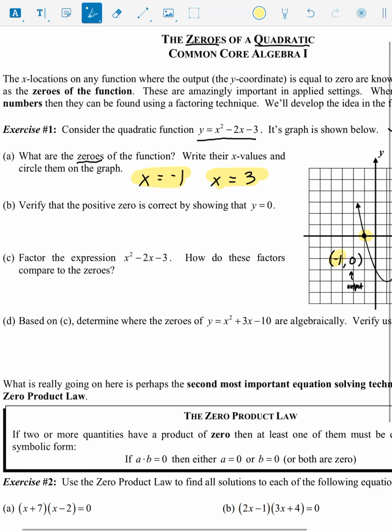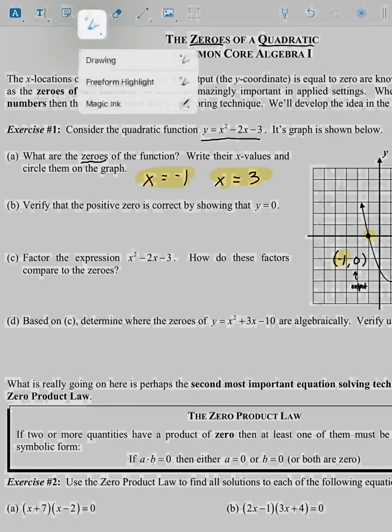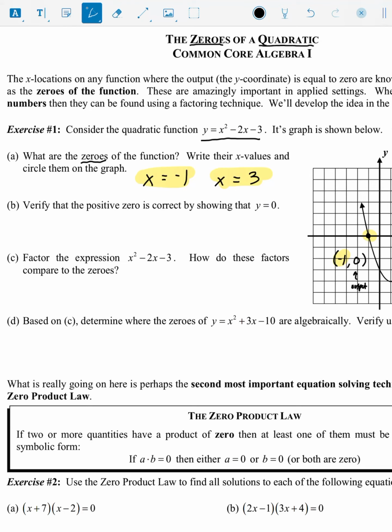Now, looking at the next part, it says verify that the positive 0 is correct by showing that y is equal to 0. This is a very simple step. All we want to do is take my x value of 3, my positive 0, and substitute it into the quadratic function.